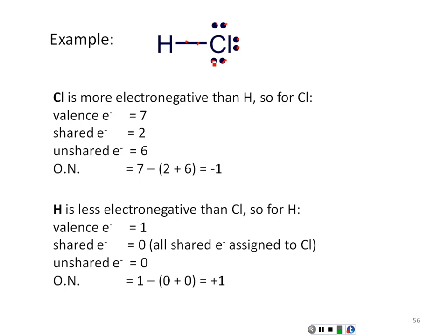Now hydrogen is less electronegative than chlorine, so it doesn't get any of the shared electrons, and it doesn't have any lone pair or non-bonding electrons. So its oxidation number is 1 minus 0, or a +1.